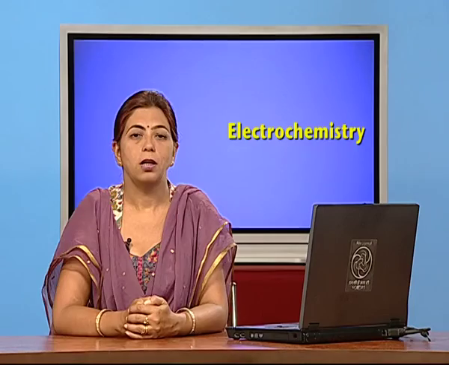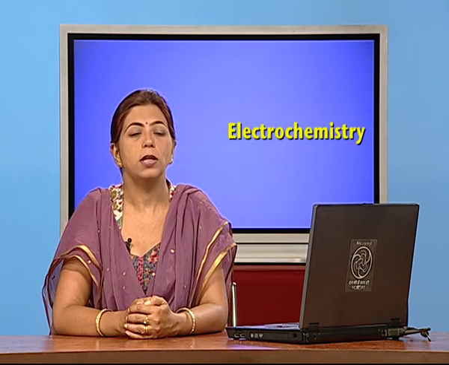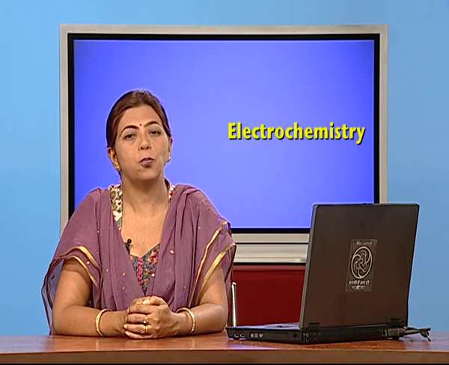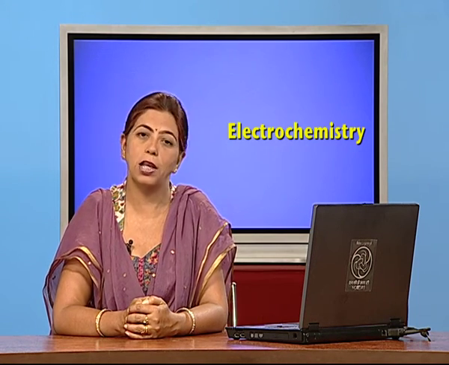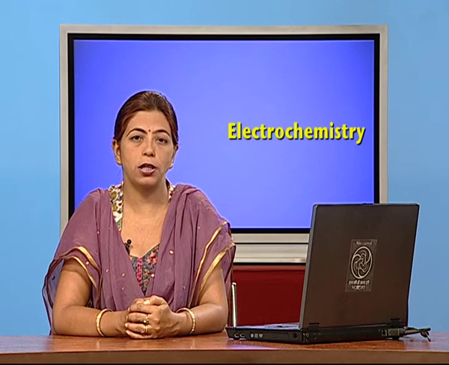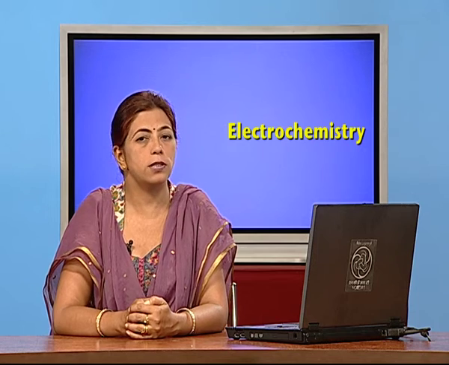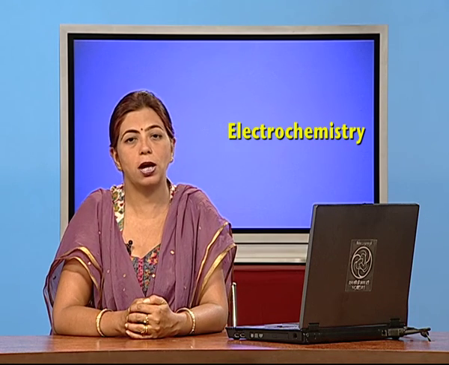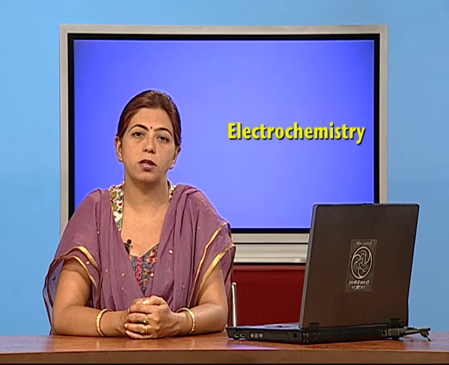Now let me tell you how it works. As I have earlier told you, there is deposition of the positive ions around the zinc electrode. So, the anions of the inert electrolyte will move towards the zinc half cell and neutralize the positive ions.